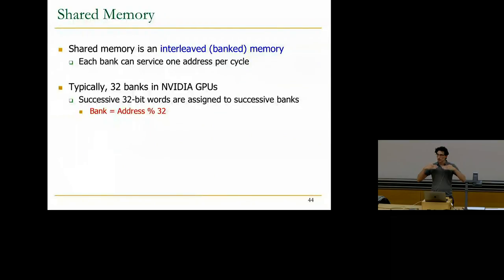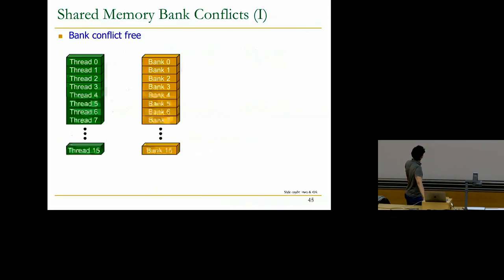As you know, the SIMD pipeline will issue the load or the store operation for the entire warp at the same time. So the size of the warp is 32. If these 32 threads have to go to the 32 banks, we will get maximum bandwidth if each of these threads goes to a different bank, right? But otherwise, we will have a problem. We will have a bank conflict.